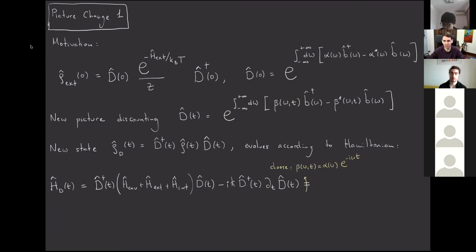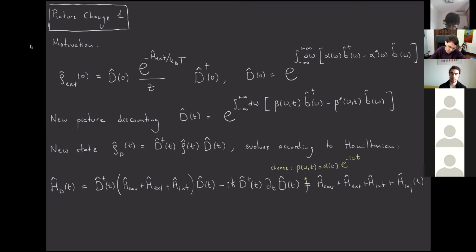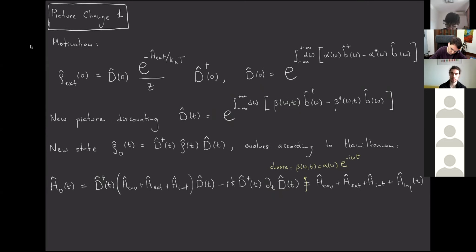So if you do that, then you find a very simple form of the final Hamiltonian, which is the following. We get exactly the same Hamiltonian and one extra piece. This is not going to be a surprise because we already encountered it in the Heisenberg picture. This piece, which I call the injection Hamiltonian, that depends on time, is something that you already know from the Heisenberg picture.